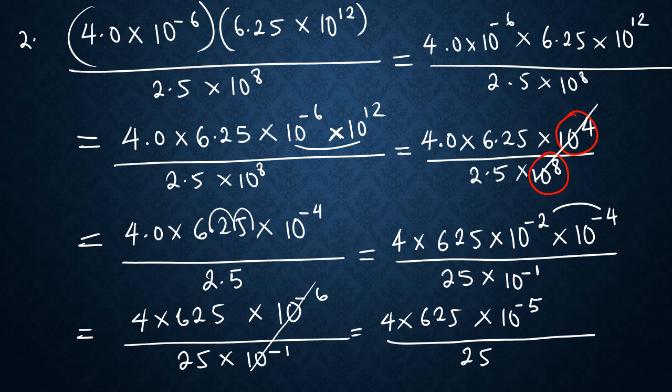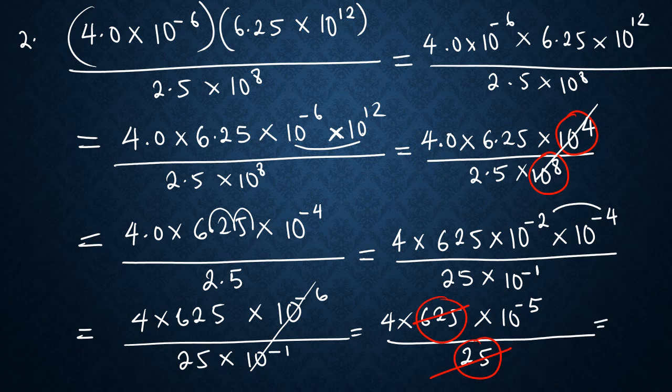And then if you look, I think 25 divides exactly into 625. I think 25 times 25 is 625. So that 25 goes into 625 how many times? That will be 25 times, leaving me with these results here.